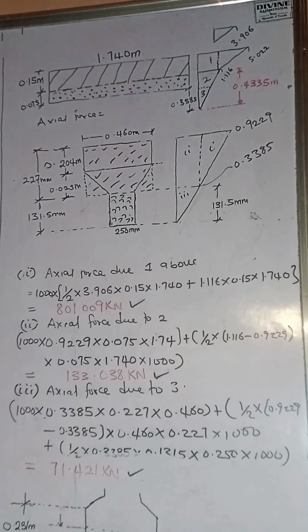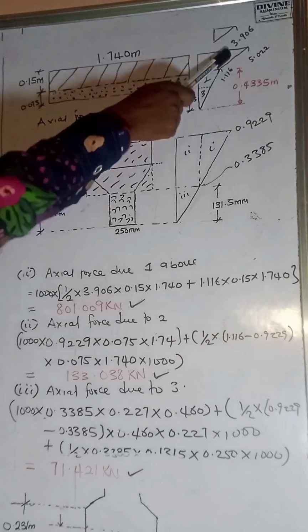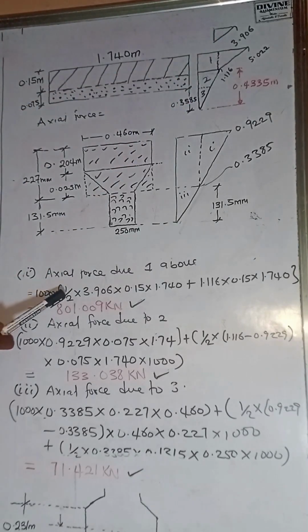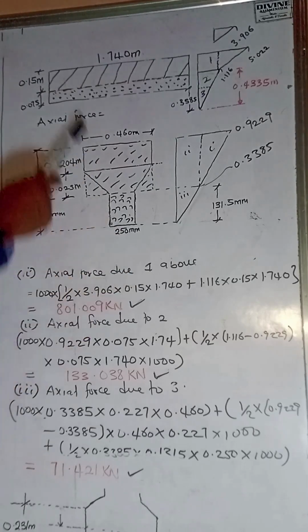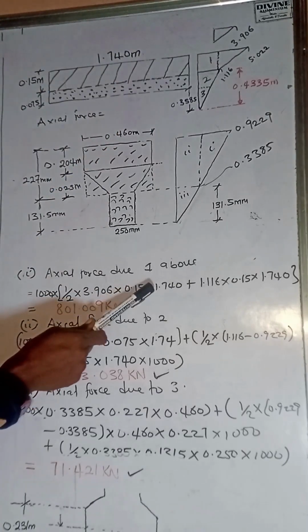Now let's start. We'll call this point 1. For 1, the axial force due to 1 above. Remember these values are in Newton per millimeter square, so I convert to kilonewton per meter by multiplying by 1,000. So for the triangular area load, I say half times 3.906 times 0.5, which is the area of this point, 0.15 times 1.75.